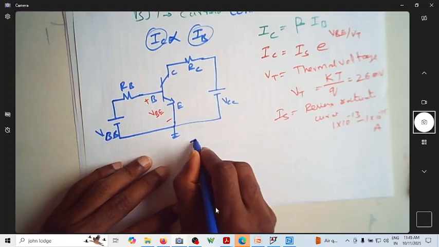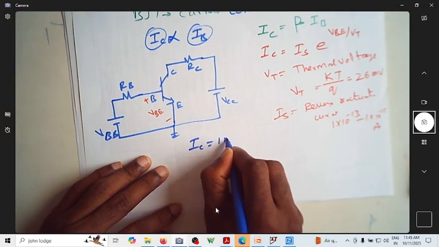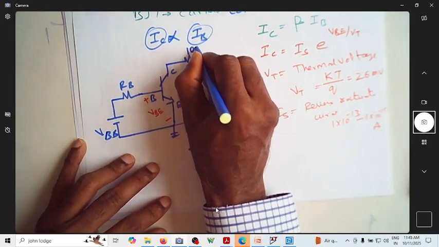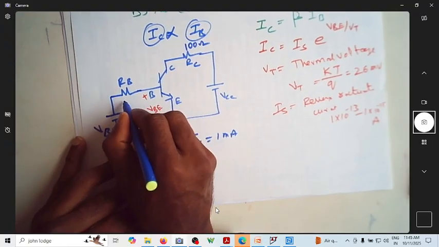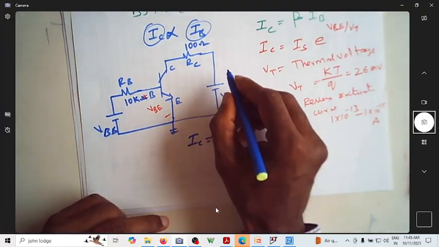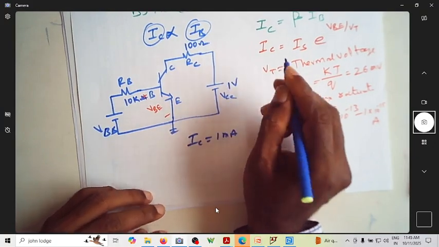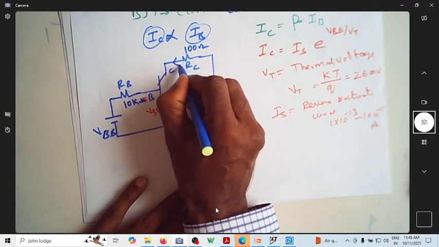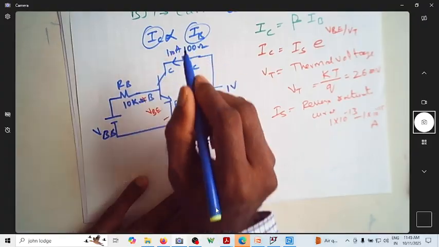Let us try to get an IC of 1 milliampere. Let us assume a resistance of 100 ohm here. Let us assume a resistance of 10 kilo ohm here, and let us apply 1 volt here. And let us try to see what should be VB applied so that 1 milliampere flows here.